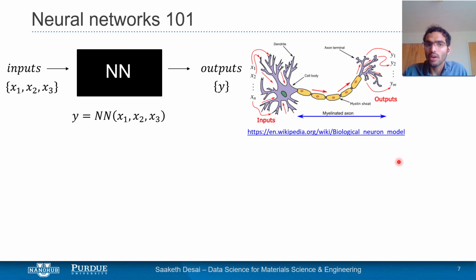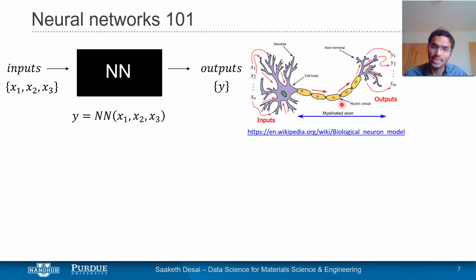I think it's time to crack open the black box and see what we have inside. The structure of our neural network is going to be largely inspired from the structure of the network of real neurons in your brain, which are simplified to look kind of like this. So this is a neuron which has dendrites that collect electrical signals as inputs, passes it along to an axon where the electrical signals are then passed on to the next neuron.